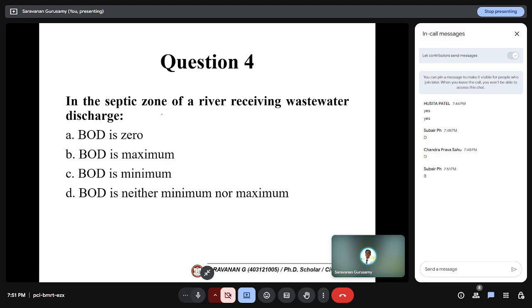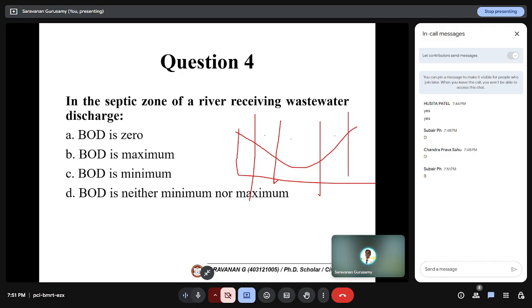In the septic zone of a river receiving wastewater discharge, what will happen? BOD is 0, BOD is maximum, BOD is minimum, BOD is neither minimum nor maximum. Septic zone. So DO will be minimum at the septic zone. Clear zone, decomposition zone, septic zone, recovery zone, again clear zone. Right?